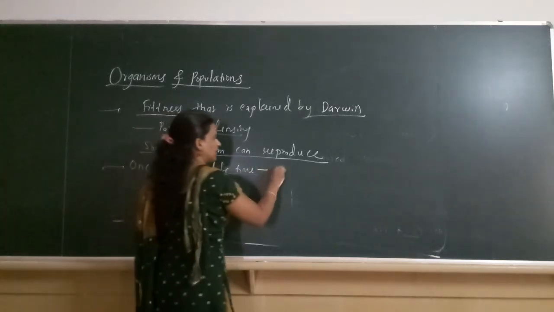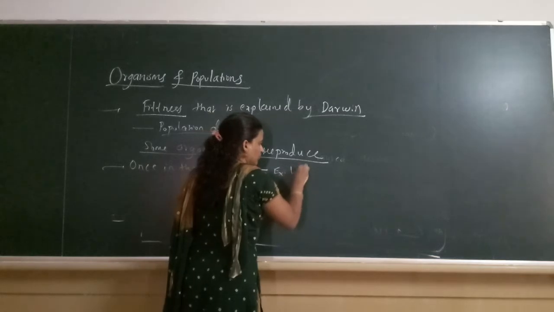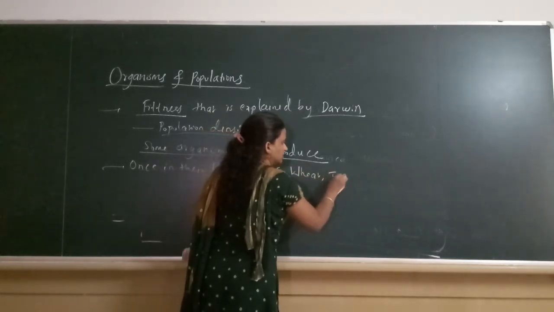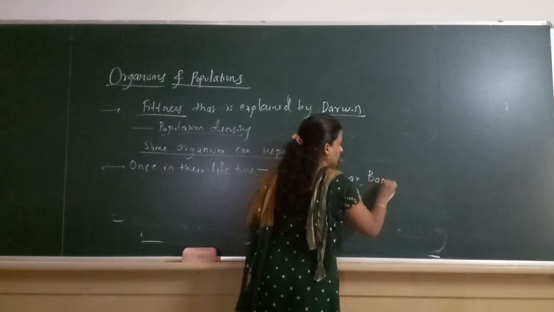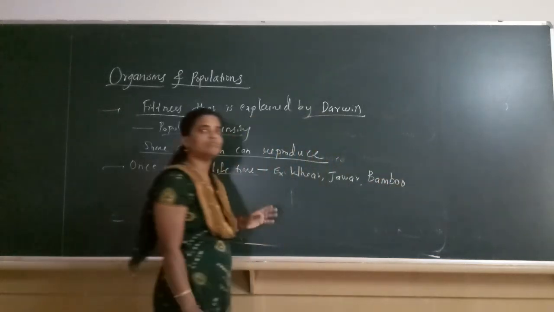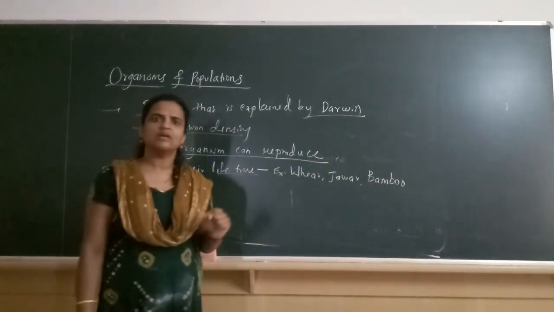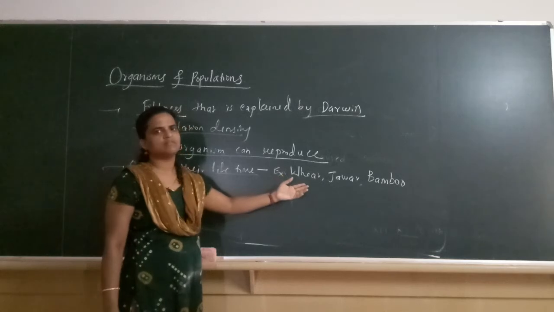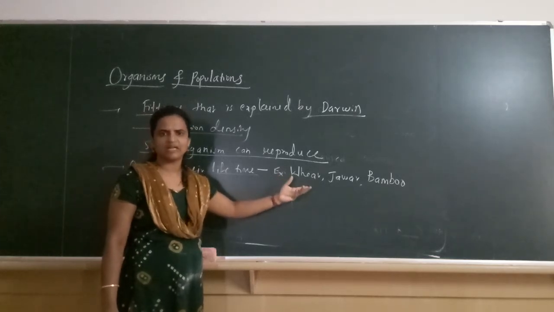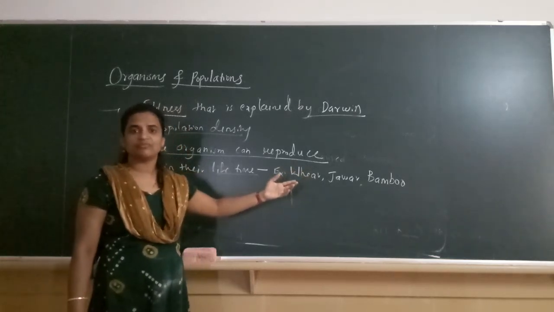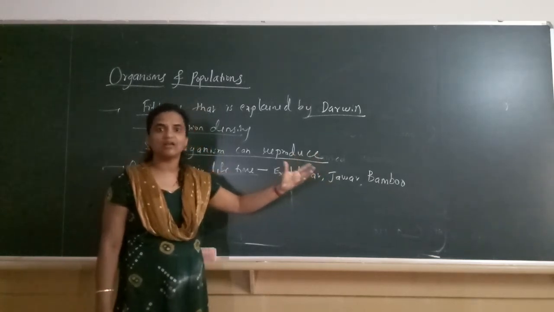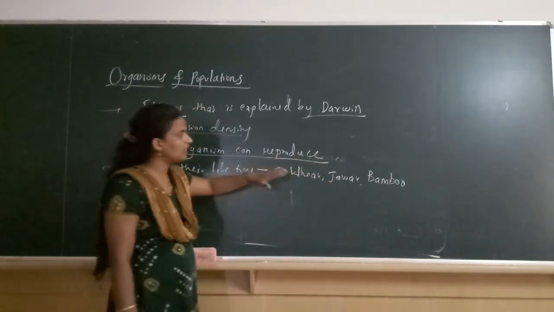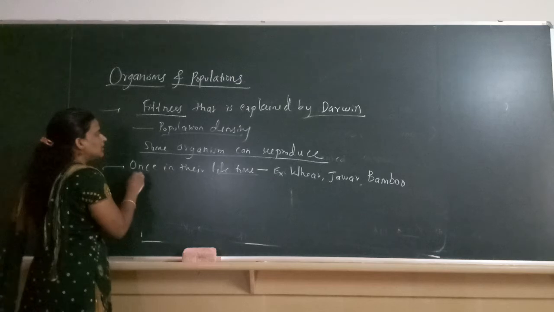For example, some plants reproduce once in their lifetime: wheat, jowar, bamboo. These can reproduce only once in their lifetime. If wheat, once in its lifetime flowering takes place, fertilization takes place, seed is going to form, and lastly grains are formed. In this way, once in their lifetime they can reproduce.